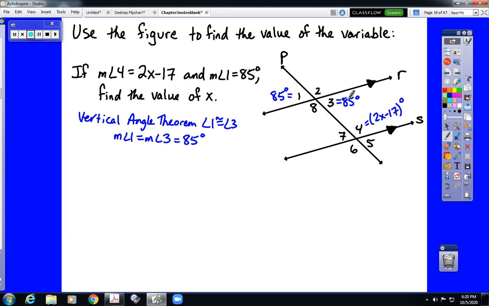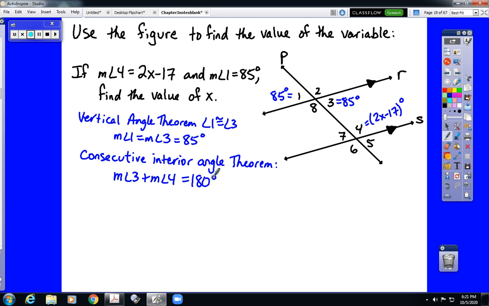And then we should be able to recognize that angles 3 and 4 are consecutive interior angles, which means that according to the consecutive interior angle theorem, the measure of angle 3 plus the measure of angle 4 must be 180 degrees.